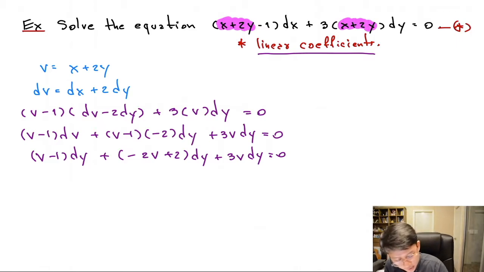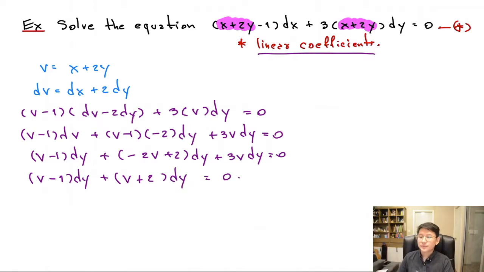So here is (v minus 1) dv plus (v plus 2) dy equals 0, and then we know that this is the dv.